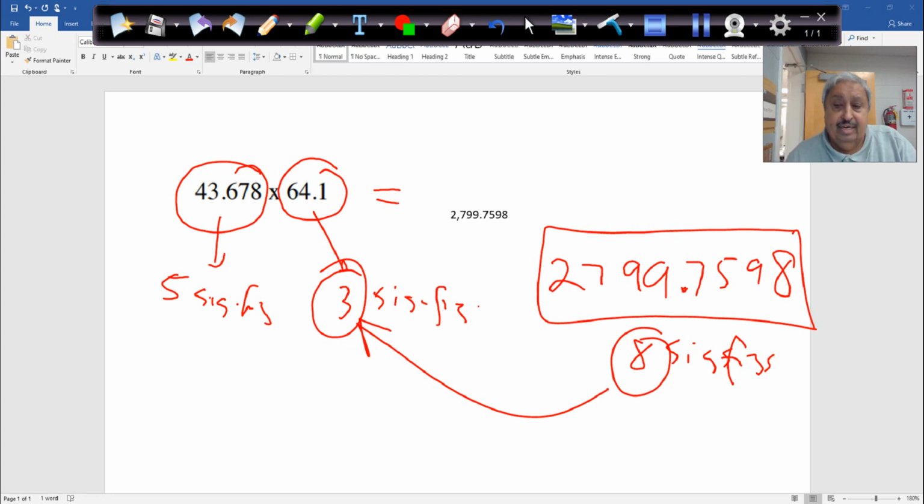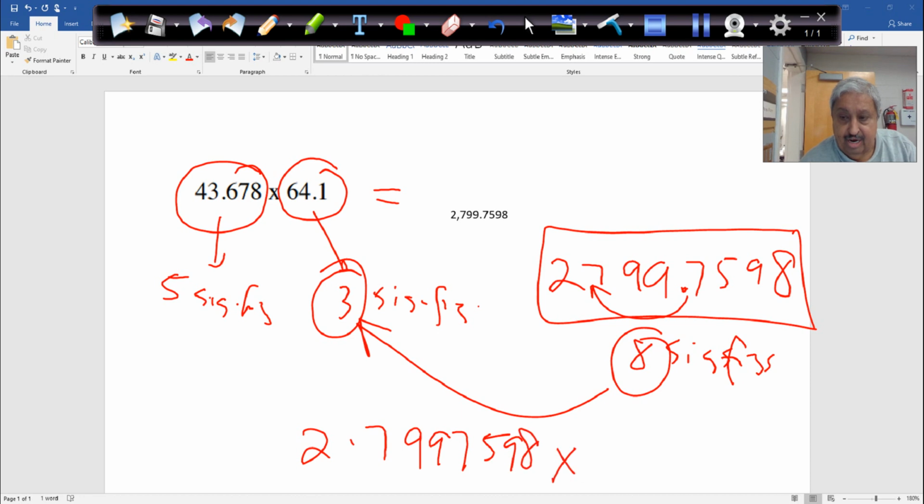So let me just put this one here, maybe like this, 3 digits, for example. You can move it whatever the question, the answer, the multiple choices. So I will move it 3, so it will be 2, 7, 9, 9, 7, 5, 9, 8. How many did I move the decimal? 1, 2, 3. So it will be 10 to the left means positive 3. Okay, I need 3, correct? So I have to stop here.